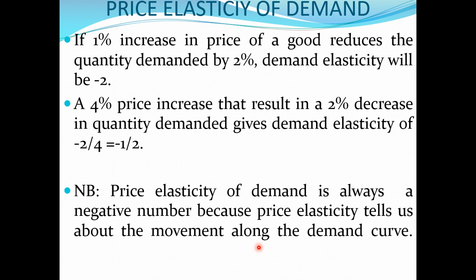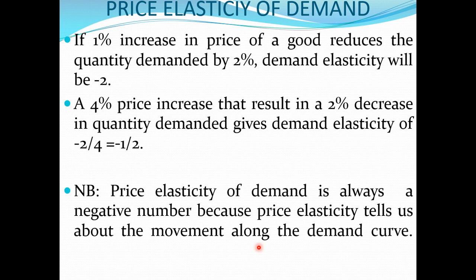Yes, one factor is increasing, in this case price, but quantity demanded is reducing. So on top you have a negative figure, and then down you have a positive figure. What you're going to have is a negative figure. That is the reason why price elasticity of demand is always negative.